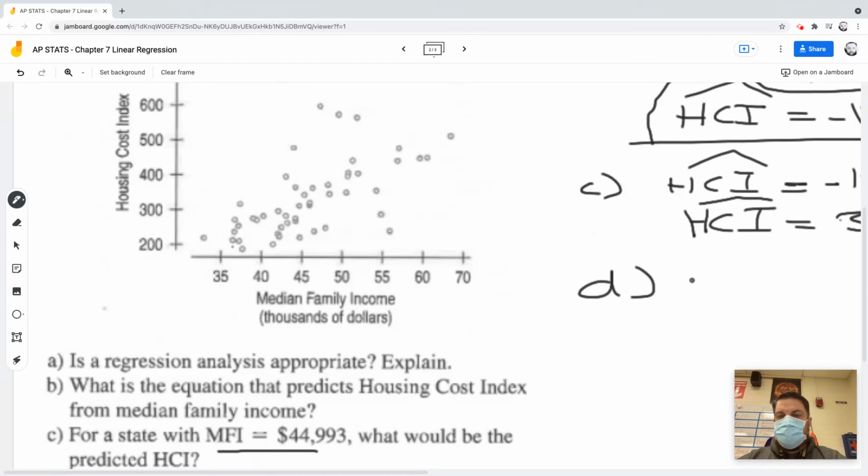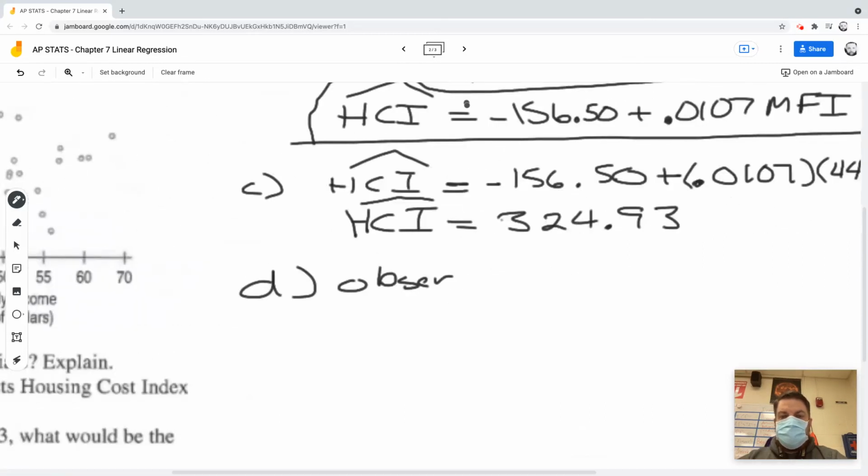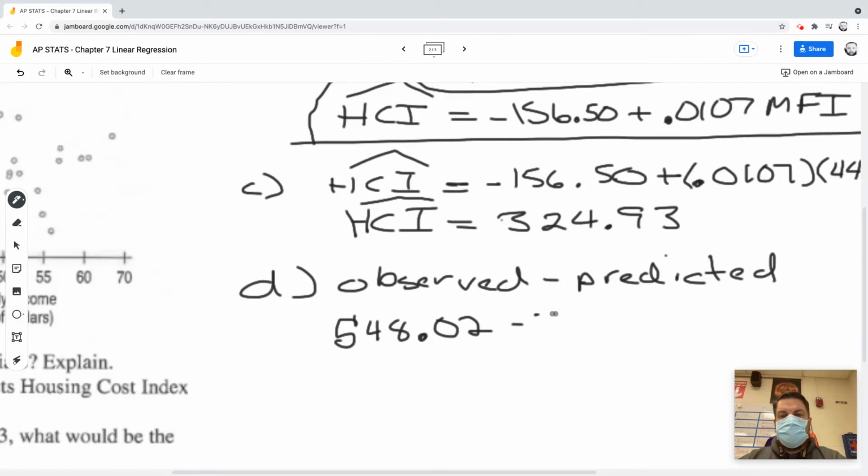So we would say the observed minus the predicted, and that gives us the residual. So they had 548.02 minus the 324.93.